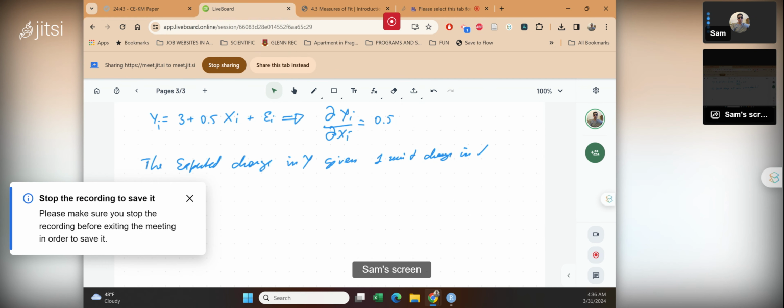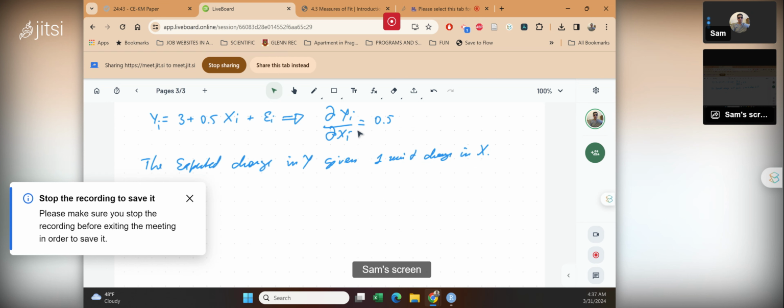So what we got here is, if x increases by 1 unit, then y is expected on average to increase by 0.5 units. You see here we got a positive coefficient, therefore when x increases, y is also expected to increase. Had we had a negative coefficient here, you should have told that if x increases by 1 unit, y decreases by 0.5 units. In this particular case, we have a positive sign for the slope coefficient, therefore once x increases, y is expected to increase too.